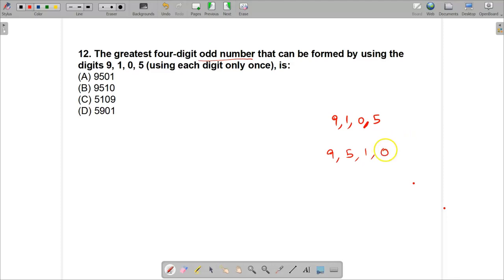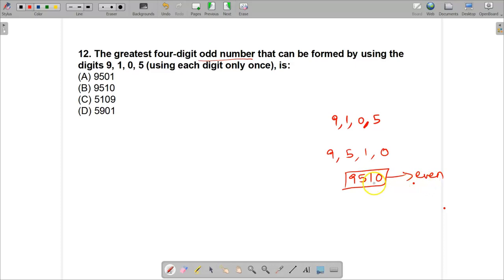So 9, 5, 1, 0: is it an odd number? Since they are asking for an odd number, no, it is actually an even number, because at the ones position we have 0. So how can we change it into an odd number?